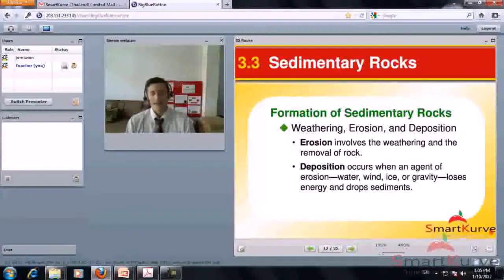There on slide 17 describes the beginning of that process with weathering and erosion. That's the removal of rock, the transporting, deposition, when that erosion loses energy and it drops the sediments. So erosion is the carrying, deposition is the dropping.